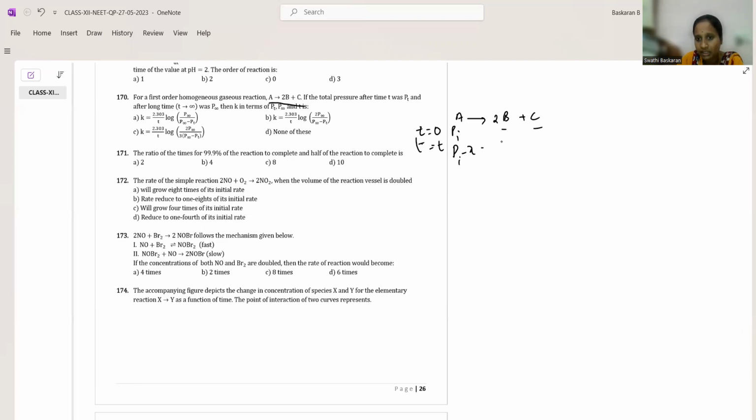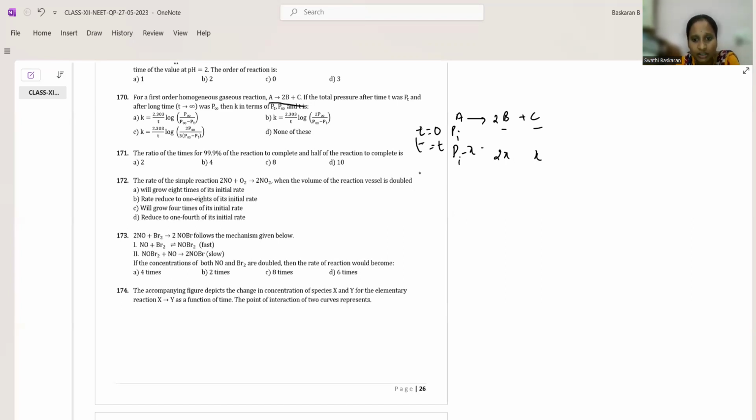So there will be formation of 2x moles of B and x moles of C. Why are we writing 2x and x? The 2 here refers to the stoichiometric coefficient, which means that the formation of product will be equal to the partial pressure of 2 moles of B. Hence it has to be written as 2x, and here only 1 mole of C is formed, and hence that corresponds to only x.